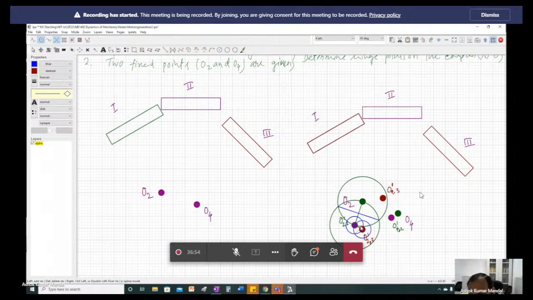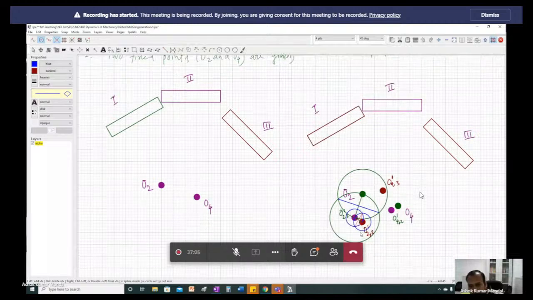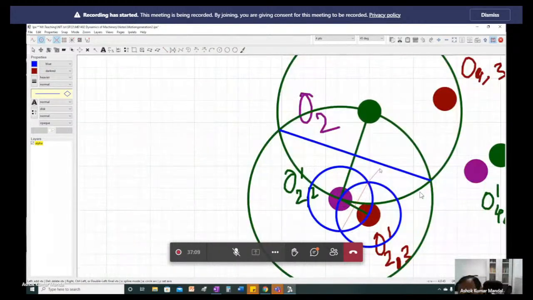It starts from here. Okay, so it's difficult. This is the perpendicular bisector, but I have to extend this line.